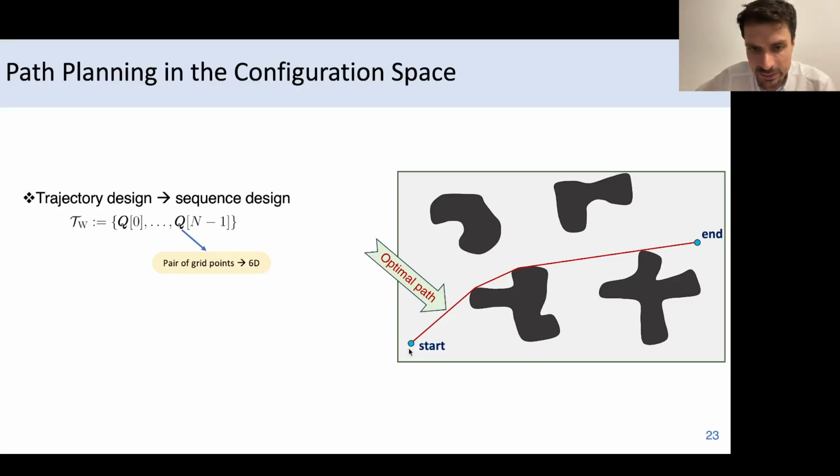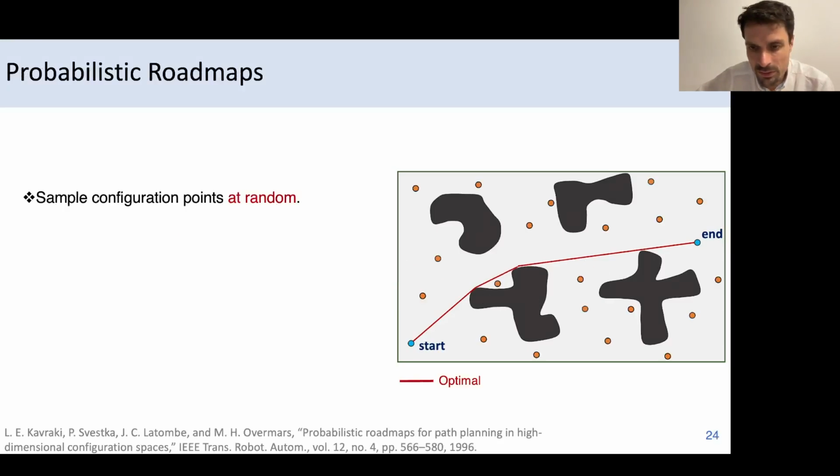So at the starting point, both UAVs are at the takeoff location, and at the end each one is at a position that can serve the user, and there is an optimal trajectory, which here is indicated by this red curve. So this is, as we said, impossible to find using things like shortest path.